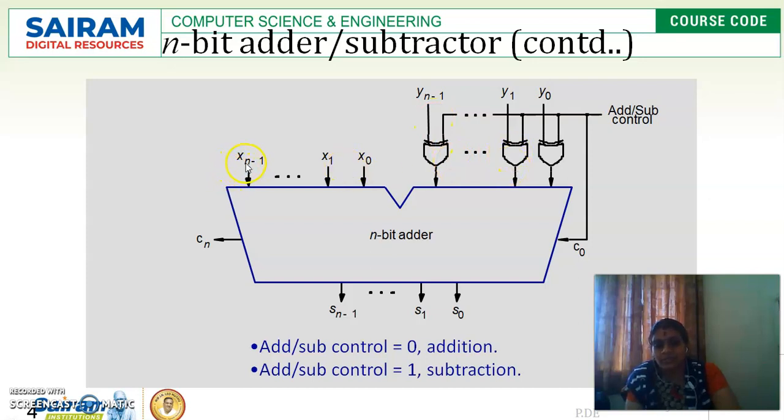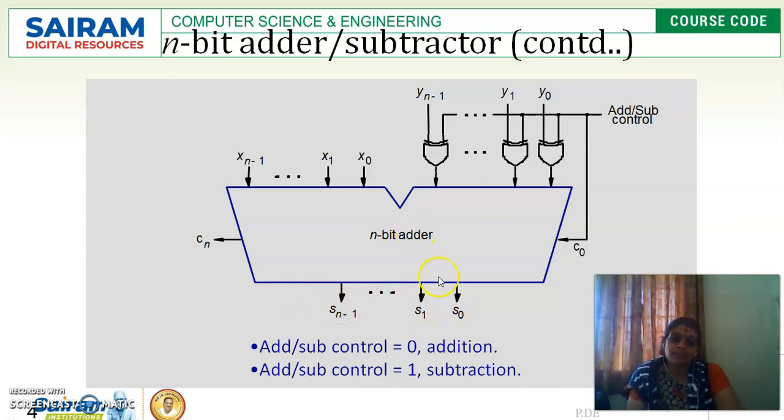So the very first input is A, and this is B. So the 2's complement will be taken by using this XOR gate. So the X input directly, and the 2's complement of Y, and here once again we are adding. So we will get the subtraction result, right?